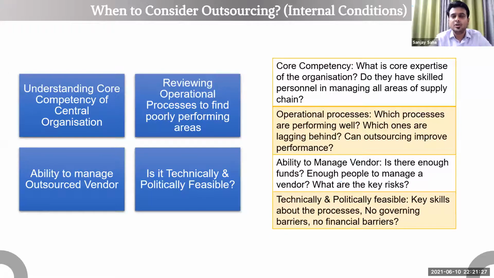Are you as an organization even ready to outsource some or all functions of supply chain? Now, as Gilles was mentioning, we're going beyond 3PL, we're going to 4PL as well. 4PL can also mean that you are outsourcing almost an entire supply chain function to a different organization who's actually managing it for you.